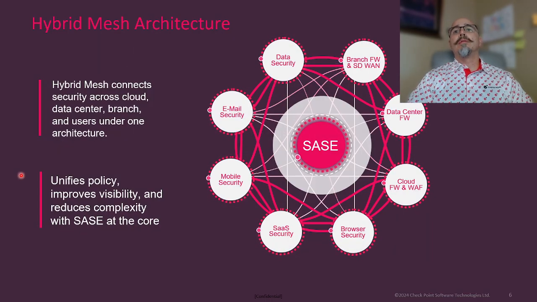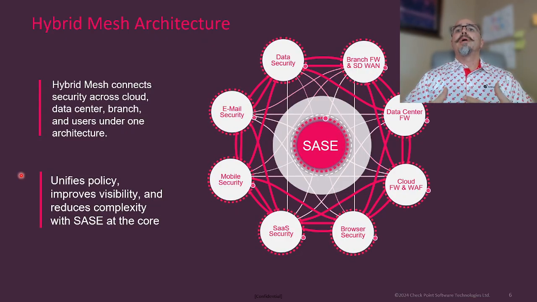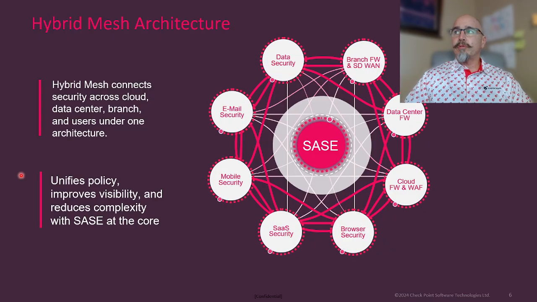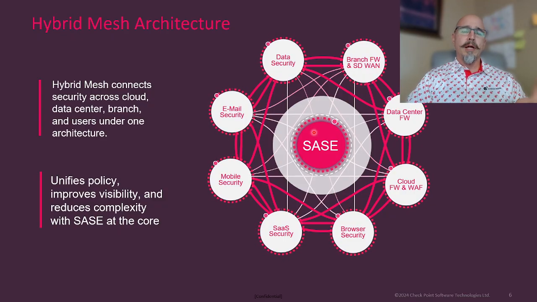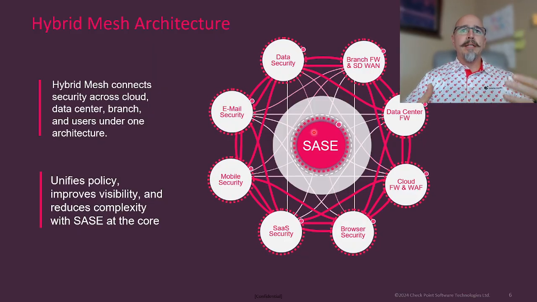Now, at Check Point, we like to talk about our hybrid mesh architecture that has our Harmony SASE platform really at the heart of it. When we say hybrid mesh, we're talking about splitting that traffic out, but we're also talking about a full mesh network. And for us, that means really any device connecting to any device anywhere. So that's what Harmony SASE hybrid mesh is really about.